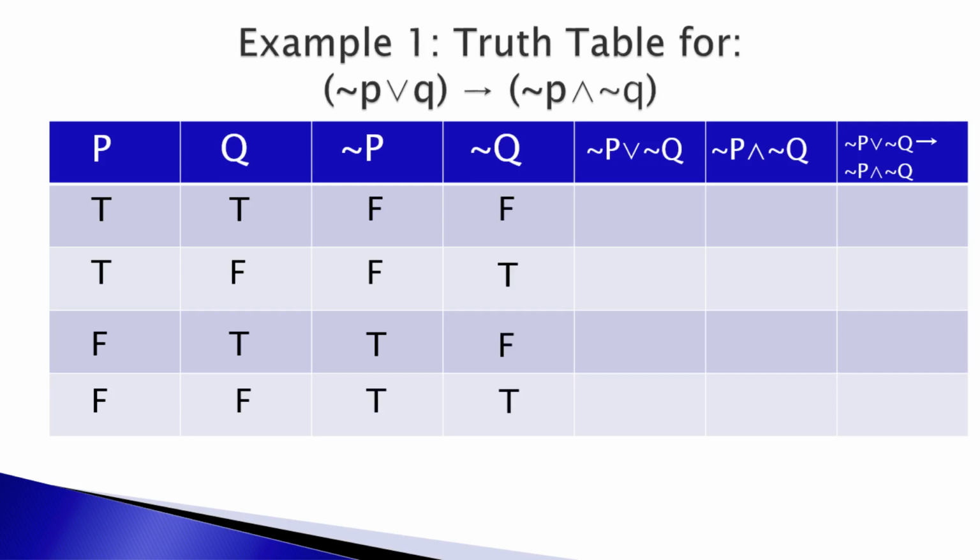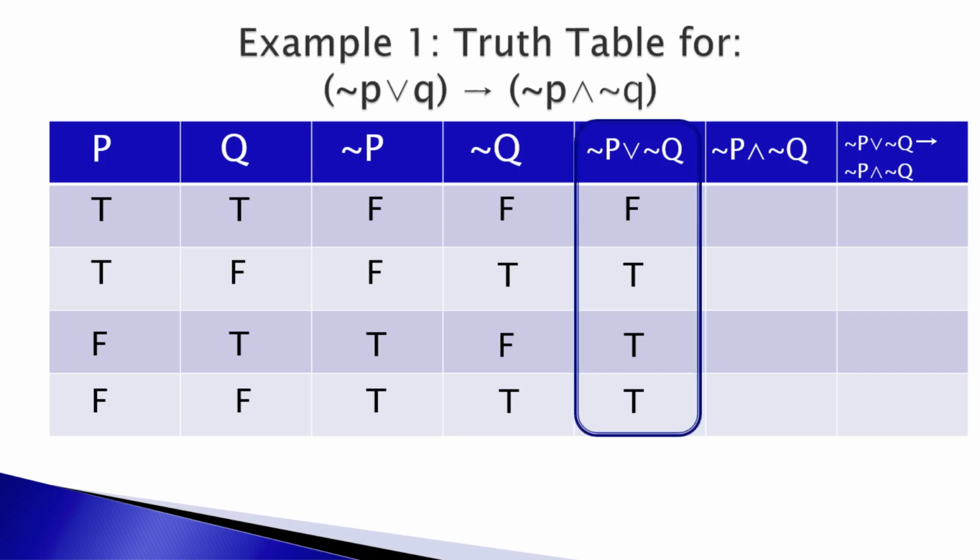Now, as we went over last lesson, not P or not Q is false, true, true, true, because we just need one of them to be true for the whole statement to be true. And remember from last lesson, not P and not Q is only true when both are true.